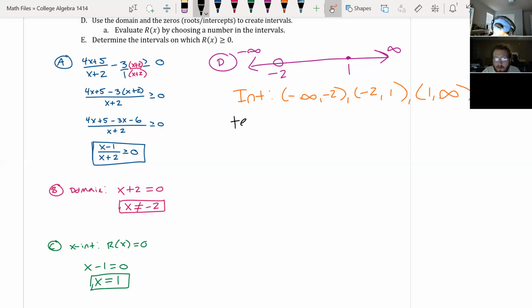Test numbers. Three intervals, 3 test numbers. Give me a number from -infinity to -2. -3. Give me a number from -2 to 1. 0. And give me a number from 1 to infinity.